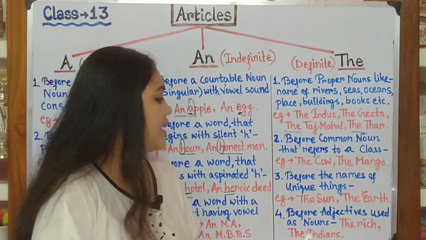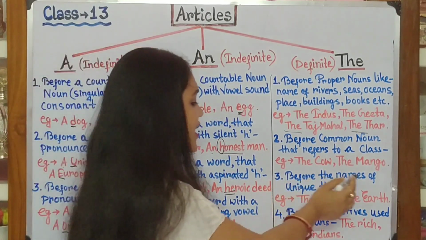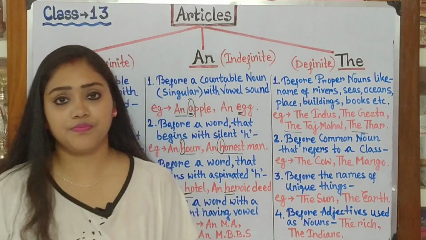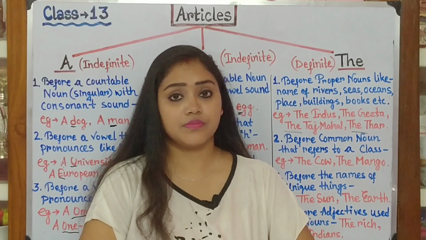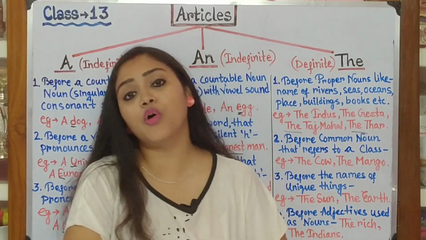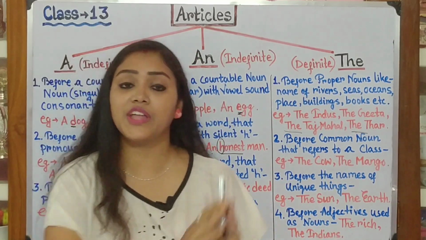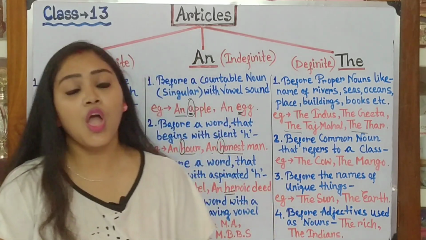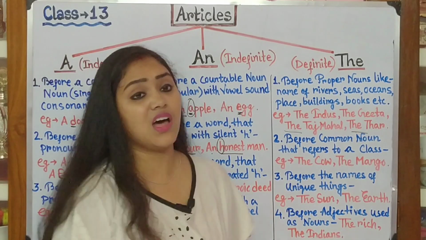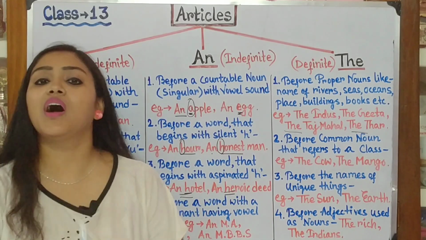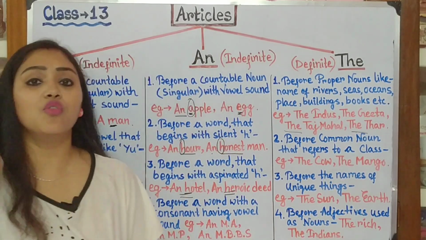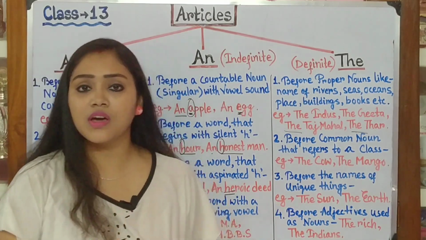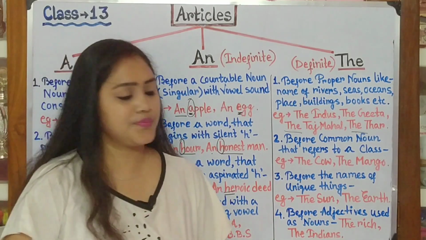Okay. Next, rule number 3, before the names of unique things. So the things which are unique, before such words we use the definite article. For example, you can see the sun. It is only 1 in number, right? Throughout the world, there is only one sun. It is unique, so we can say the sun.